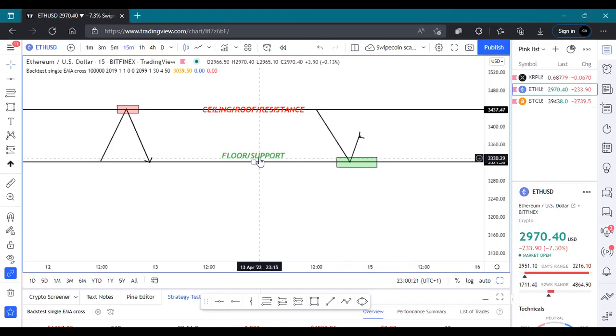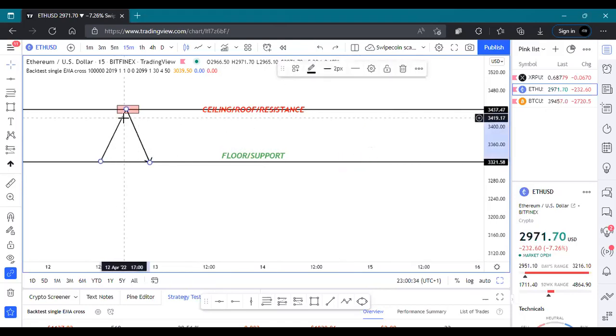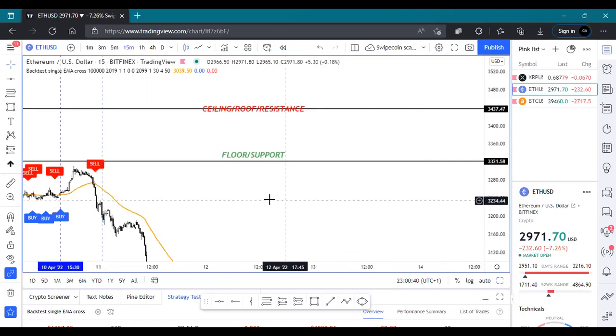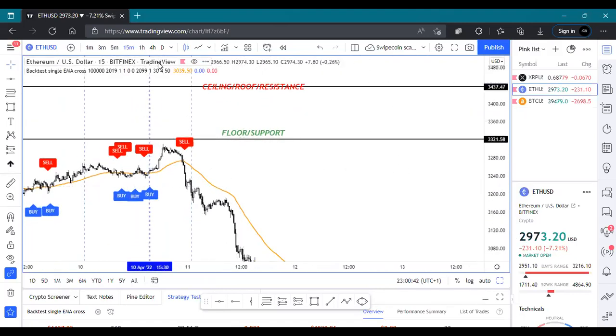So this is what we simply need when we are scalping BTC and ETH. But trust me, it's not going to look exactly like the way we've drawn it. Instead, what you're going to see is the actual market, the candlesticks.